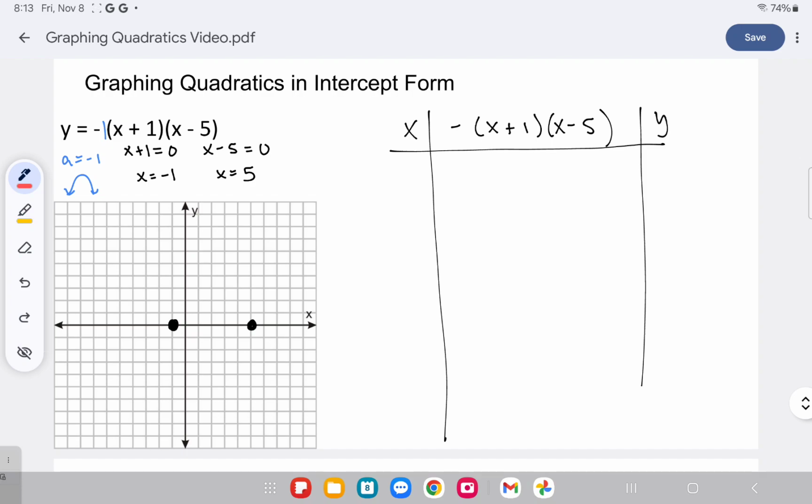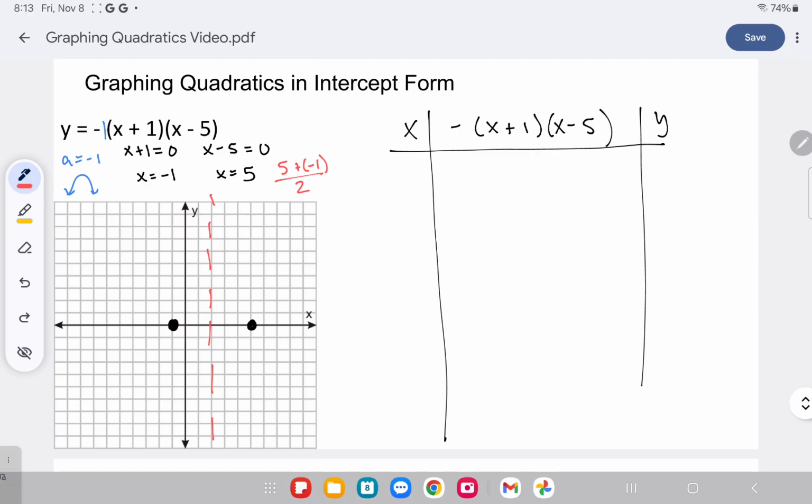So we have to ask ourselves, what number is right in between -1 and 5? And in this case, it's pretty easy to figure that out. It's going to be at 2. But if you ever have trouble figuring it out, to find what's right in the middle of 2 numbers, we take the average. So we would add the 2 numbers together and then divide by 2.